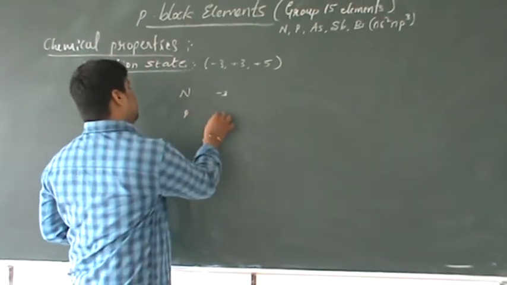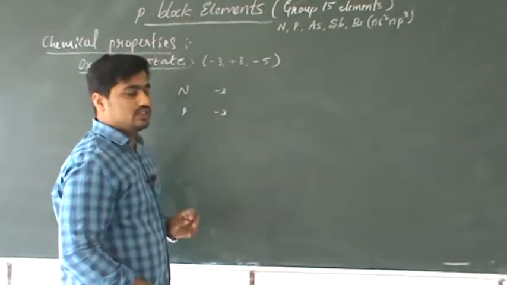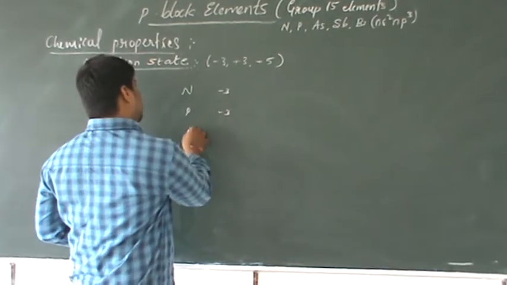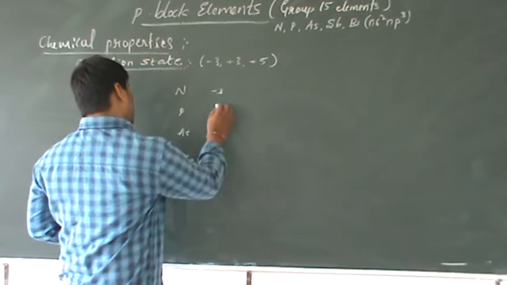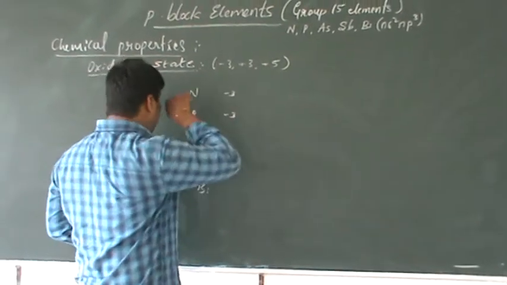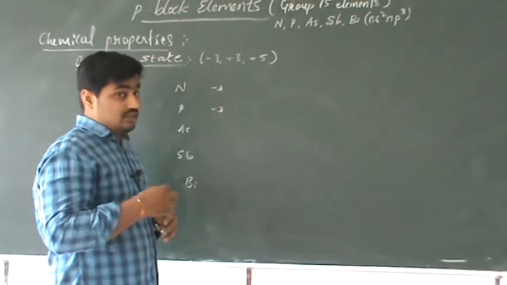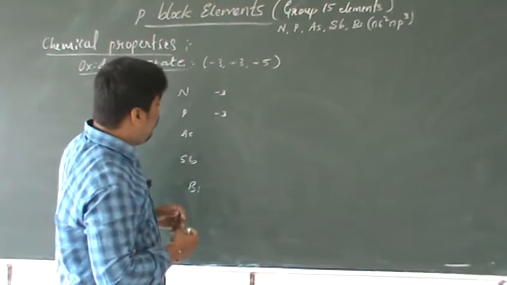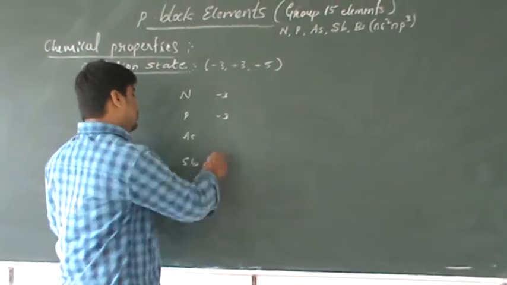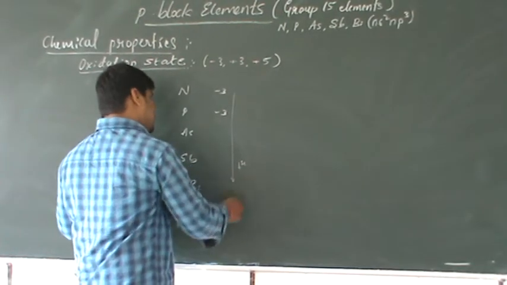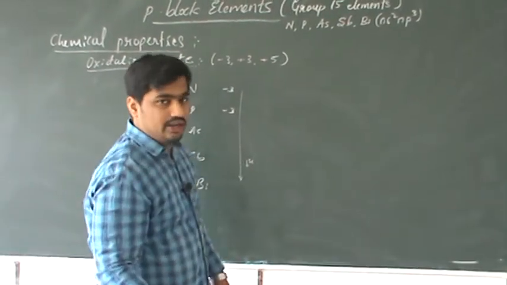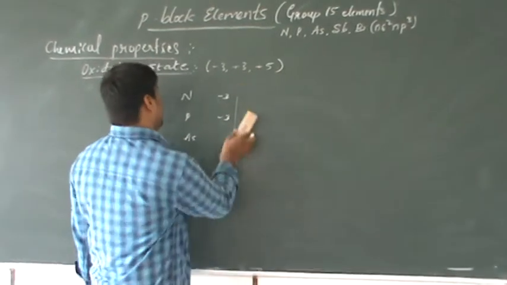Next, phosphorus also shows -3 a little bit. Going through phosphorus, arsenic, antimony, bismuth, the stability of the -3 oxidation state decreases down the group, slightly. Nitrogen behaves as -3.